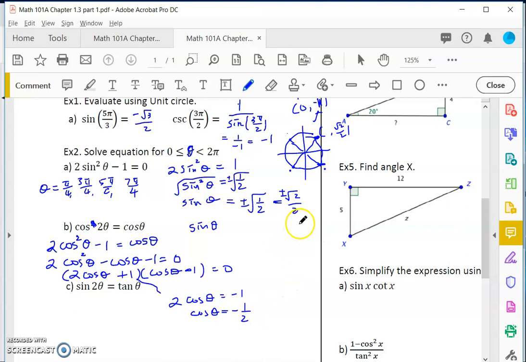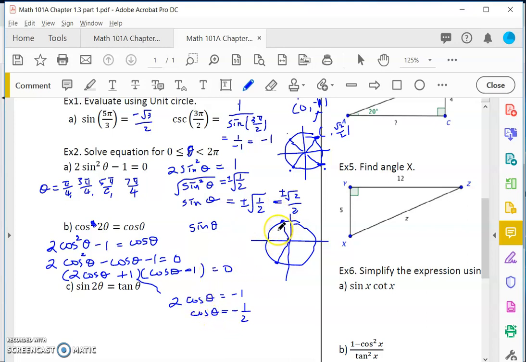Now you look at the unit circle. Where in the unit circle is your cosine, your x value, negative 1/2? Cosine is negative 1/2 in quadrant 2 and 3. So if you look at the unit circle, this is where you have a negative 1/2 in the x coordinate.